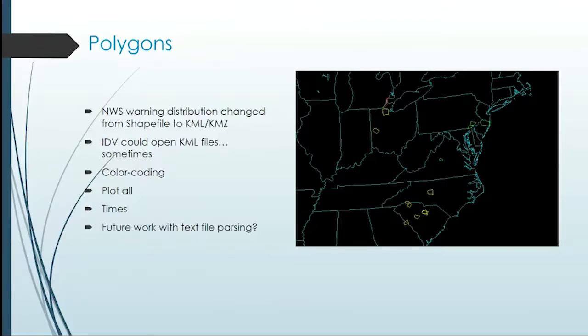The biggest problem was times. Currently, what we have it set up to do is set the timestamp for all of the current warnings as the time that the file was downloaded. The KML files, for whatever reason, do not include the warning expiration time.